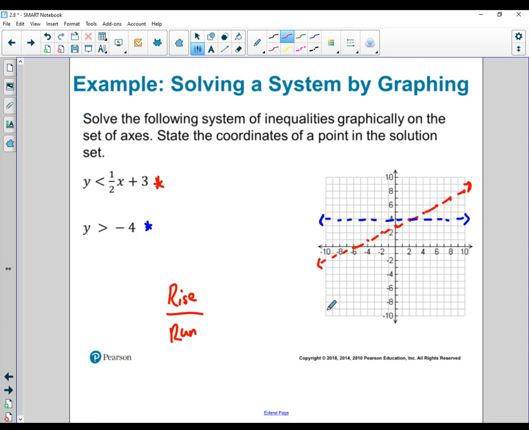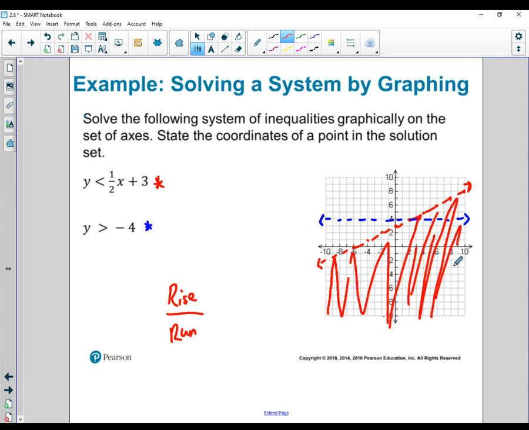So all the y values less than this line are going to be underneath. So that would shade everything underneath. And then for the blue line, y is greater than -4, you want everything above. You want all the y values above this line. So we would shade above for this line.